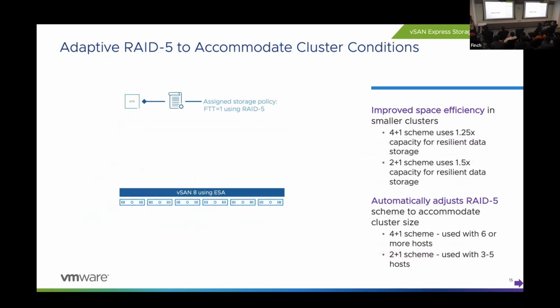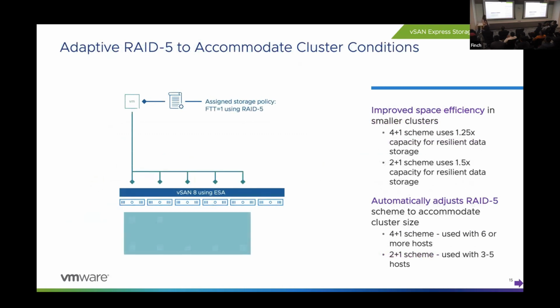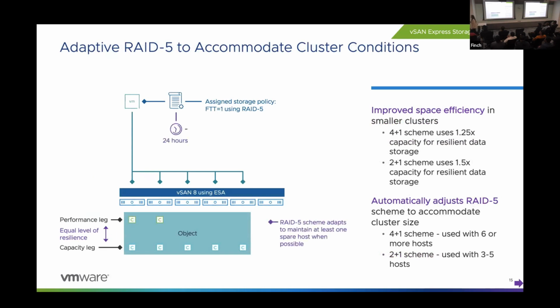So as I mentioned, yes, you can definitely go with RAID 6 levels, but for RAID 5, you actually have two schemes which you can use. The first scheme is the 4+1 scheme. 4+1 scheme is nothing but your data placement spreads the data with parity across 5 hosts, and you would require at least 6 or more hosts to have this kind of scheme.